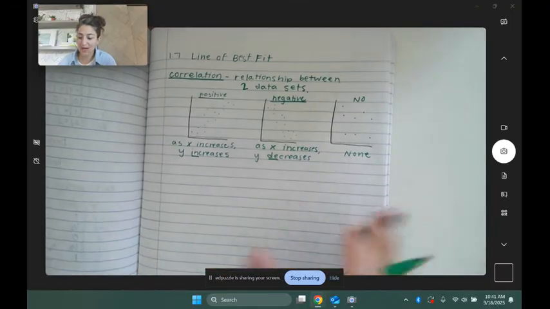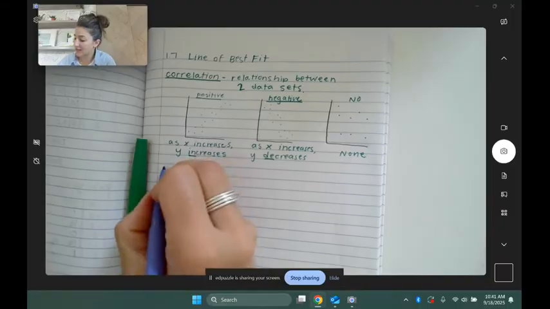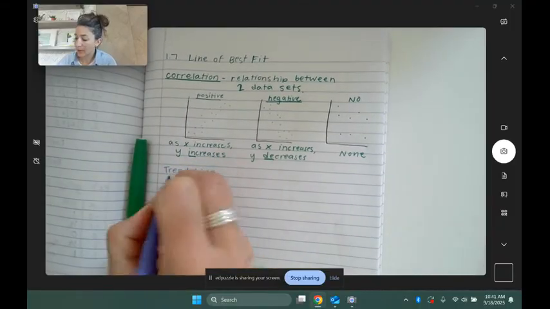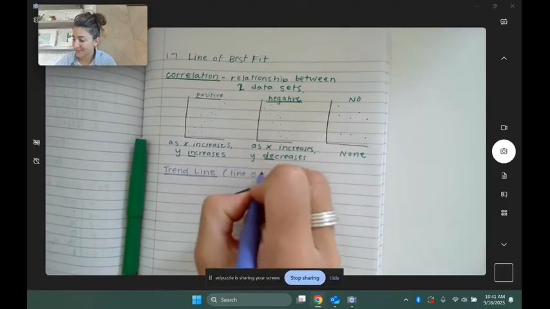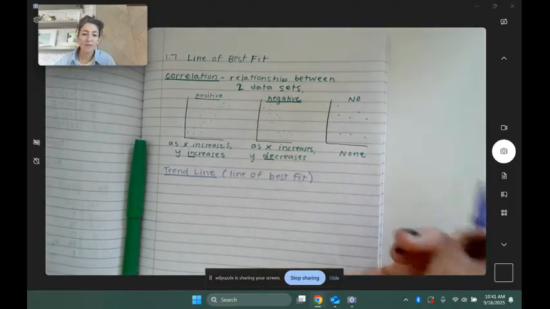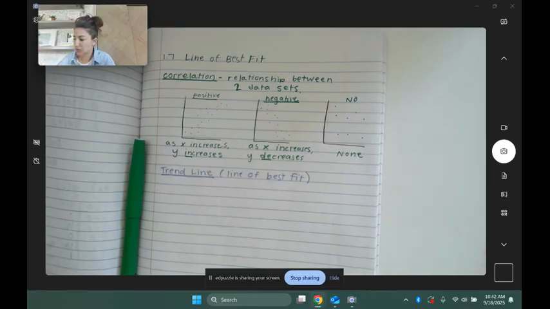Now in these three examples, I can draw what is called a trend line, or a line of best fit. This is just a linear function that models the correlation.